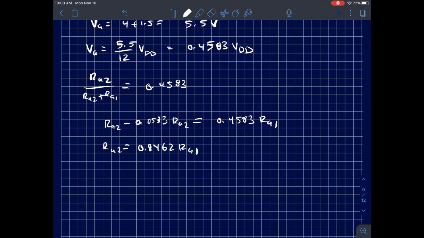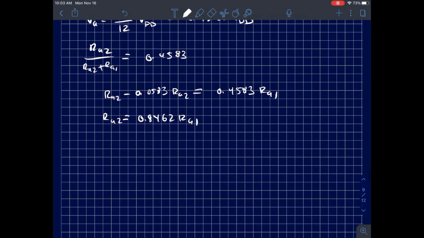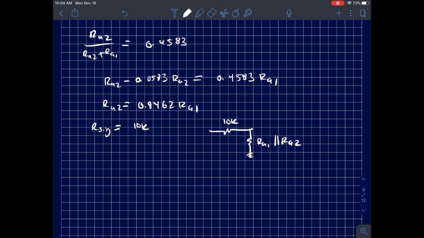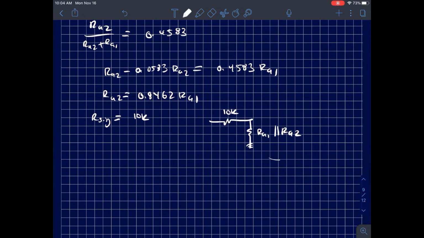or in other words, R gate 2 is equal to 0.8462 R gate 1. Now I know that R sig is equal to 10K, and to avoid a signal loss of more than 10%, if I draw this little voltage divider, this is R gate 1 in parallel with R gate 2, and this is 10K. I want to avoid a signal loss greater than 10%, so 90% of the signal needs to make it across R gate 1 in parallel with R gate 2.